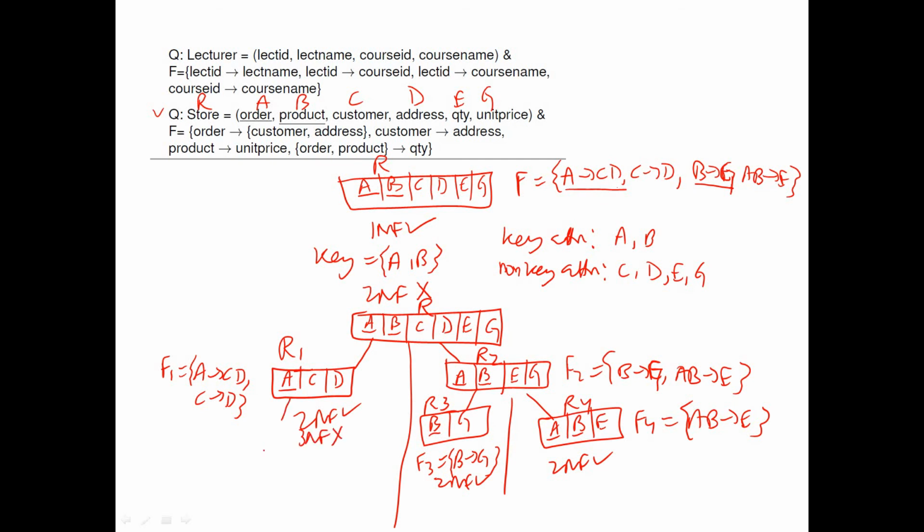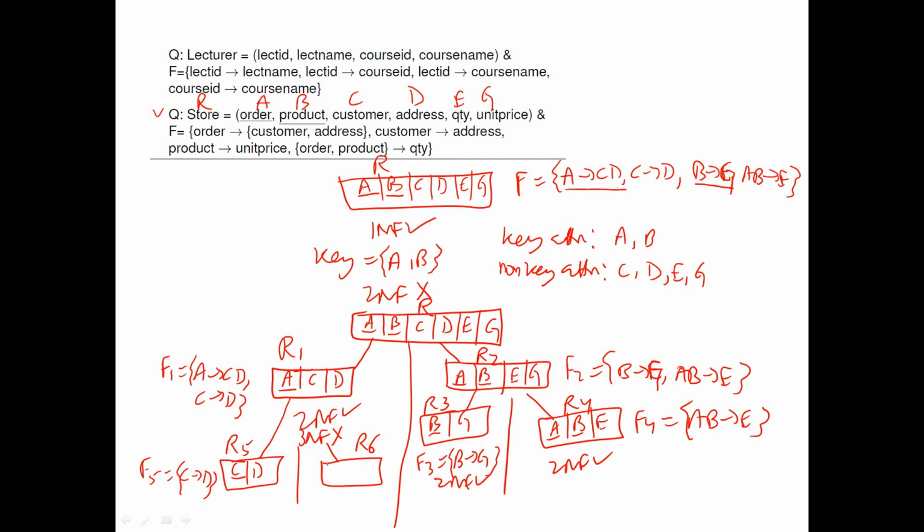So to make it 3NF, I'll create a separate table for the offending functional dependency, that is C to D. So I'll go for R5, C and D. C is the primary key. My F5 will be C to D. And the remaining, let it be R6.